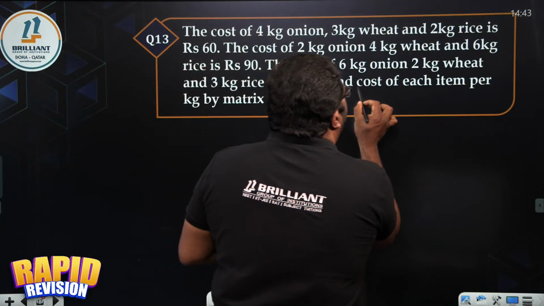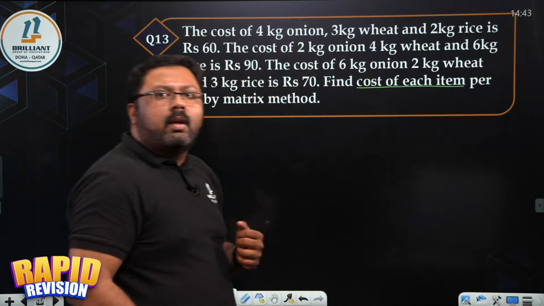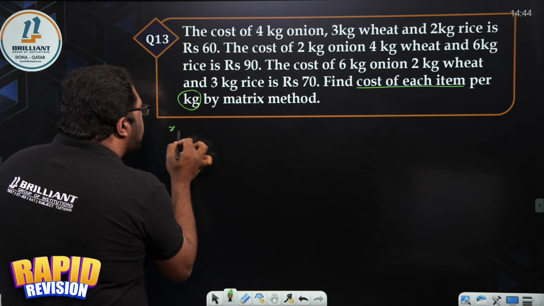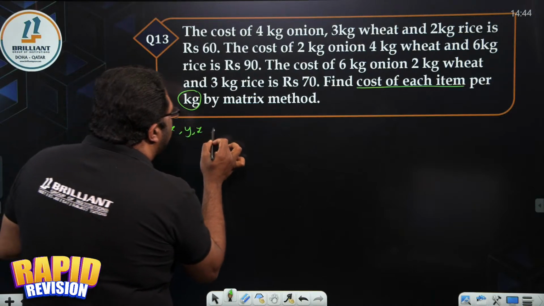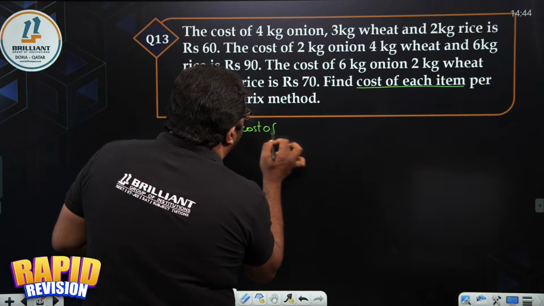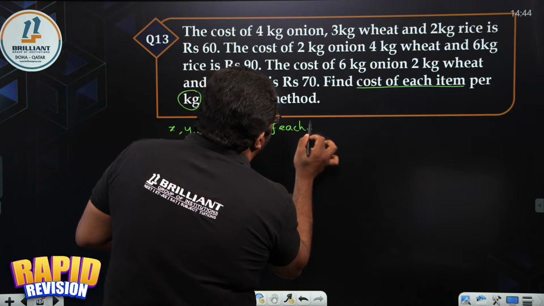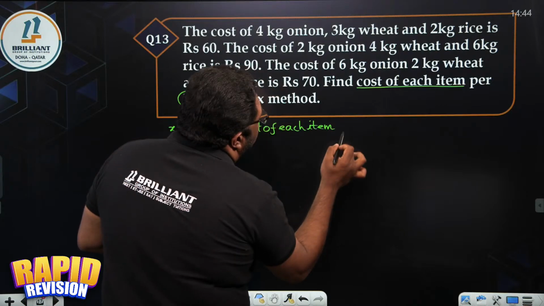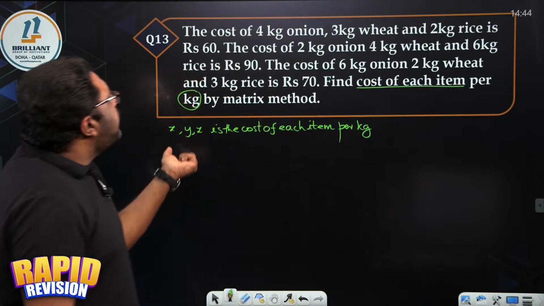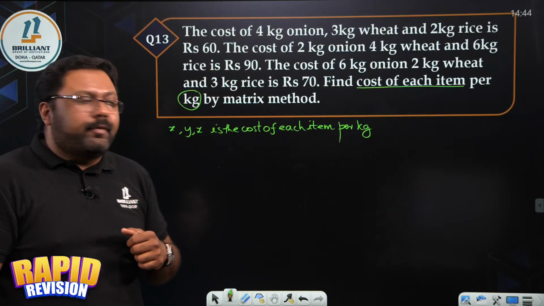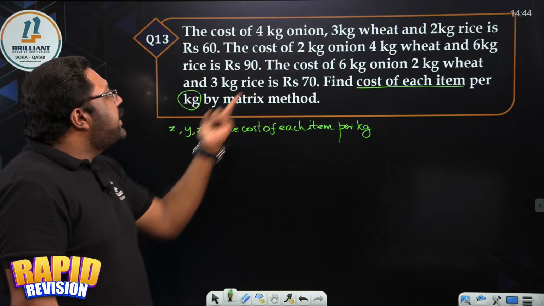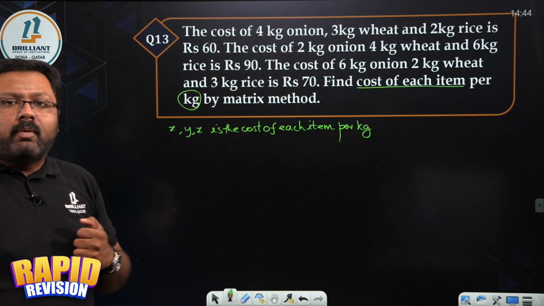Find the cost of each item per kilogram. Okay, so x, y, z is the cost of each item per kilogram. So I can assume x is the cost of 1 kilogram of onion, y is the cost of 1 kilogram of wheat, and z is the cost of 1 kilogram of rice.